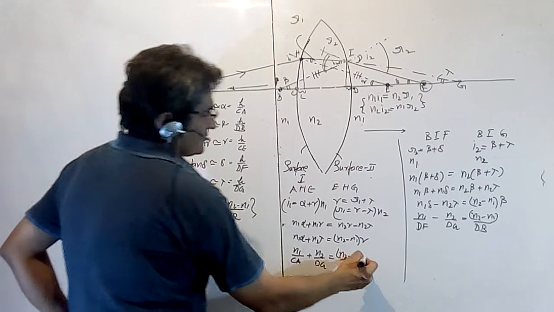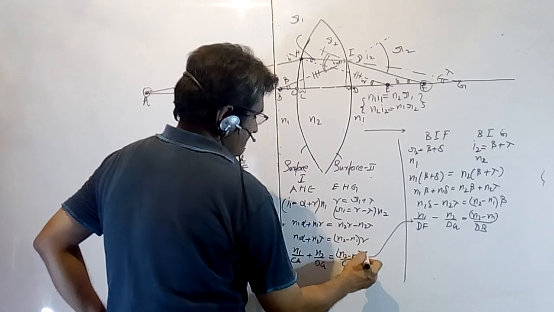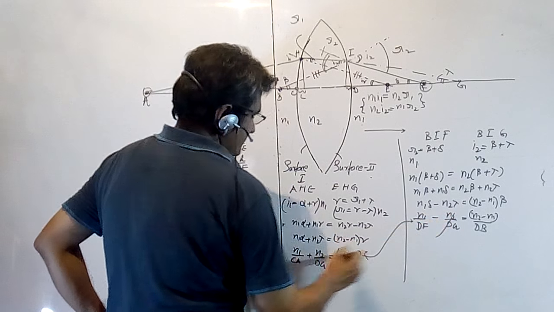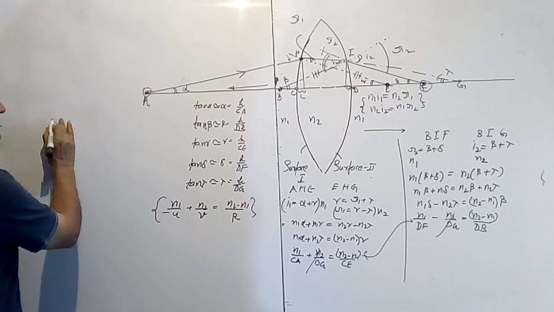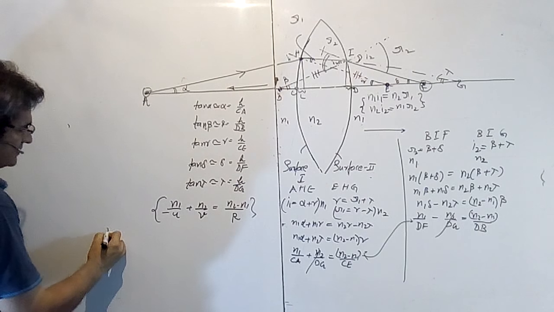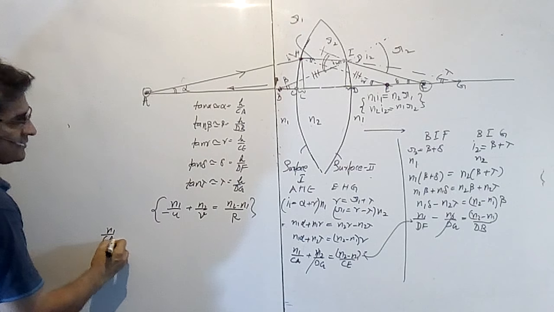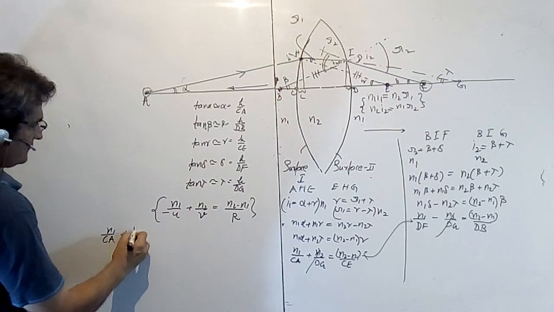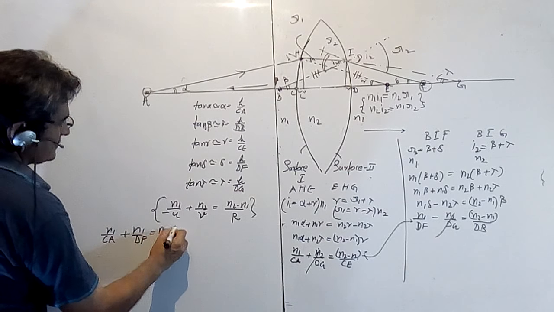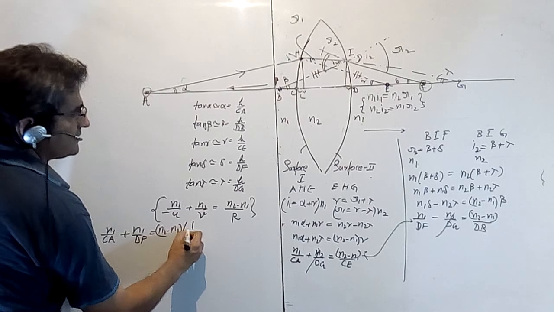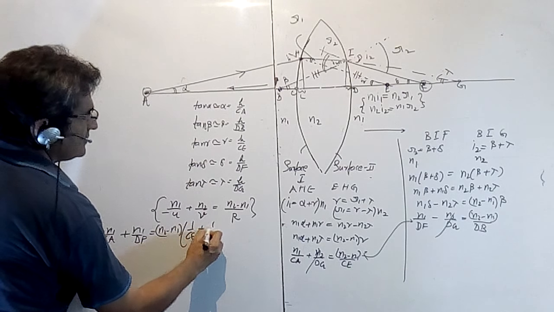Now add these two equations. This will get cancelled. So you get finally N1 upon CA plus N1 upon DF is equal to (N2 minus N1) times (1 upon CE plus 1 upon DB).